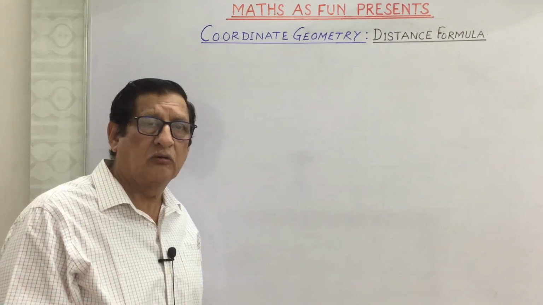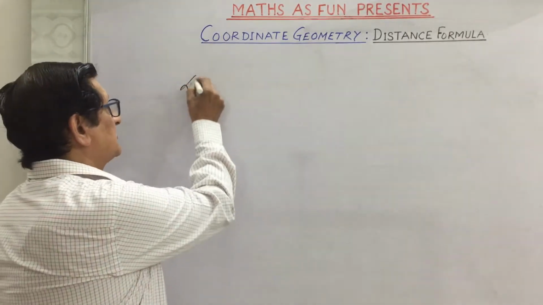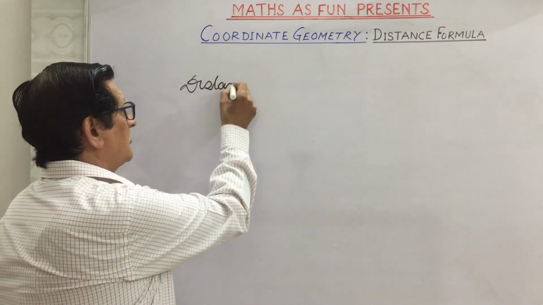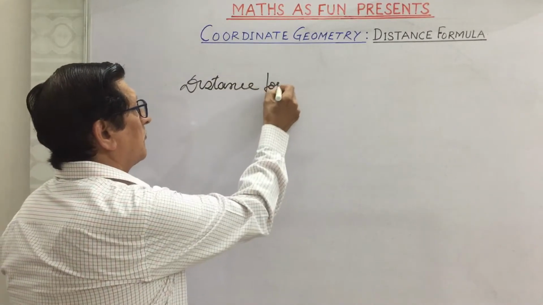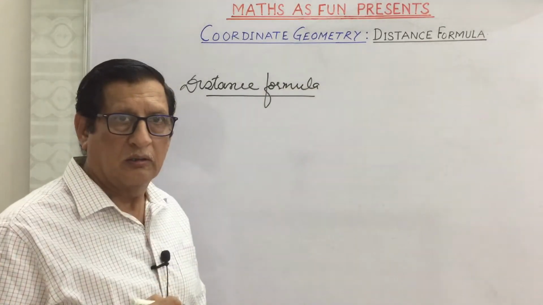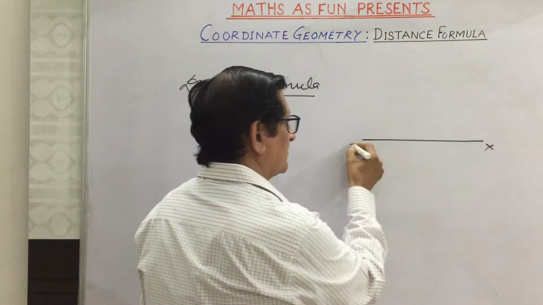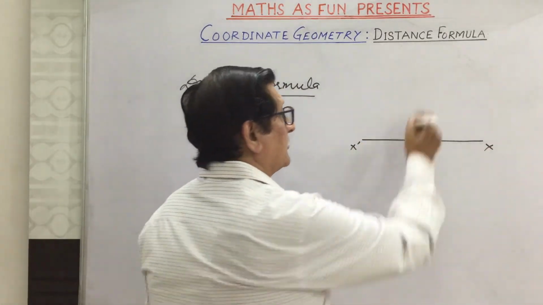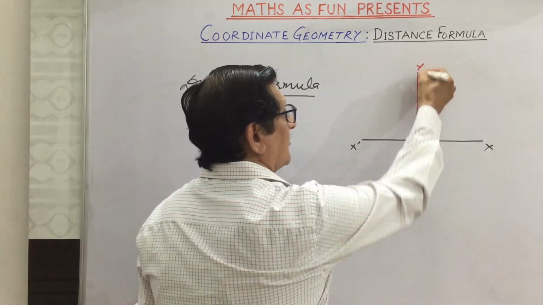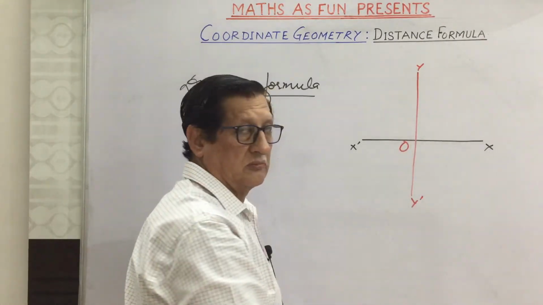And let's learn now how this formula has been derived. And let's see distance formula. This is the x-axis, x dash. This is the y-axis, y dash. And this is the origin.